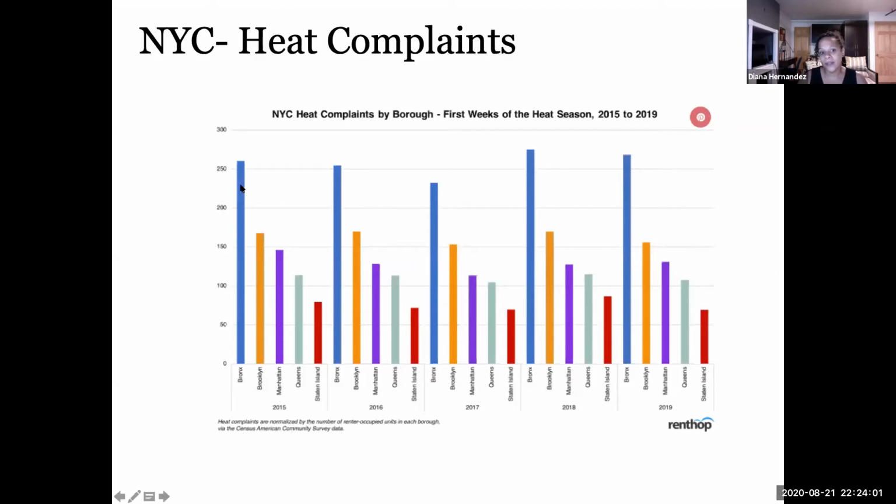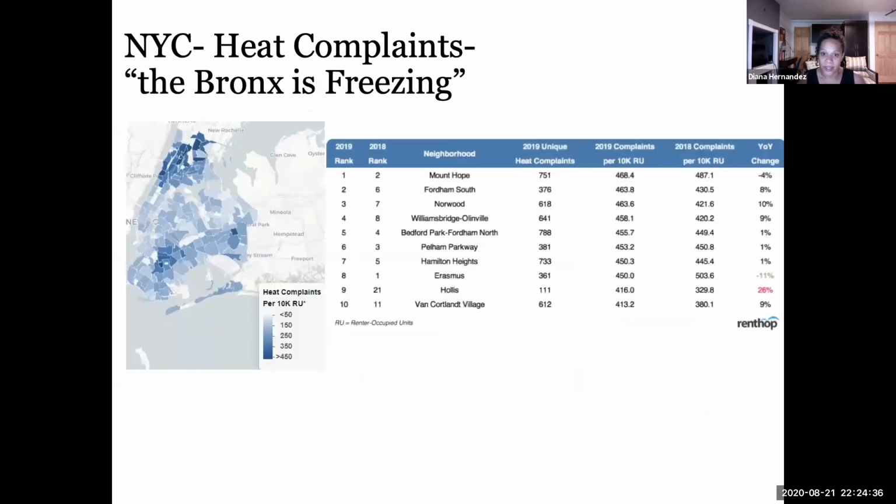And what's really obvious, and this is not mapped, but it's graphed, is the fact that the Bronx has the most no heat complaints season after season, meaning that not only are households in the Bronx unable to seek comfort in the summertime, but also in the wintertime, a lot of times when it has more to do with the landlord, for instance, that is supposed to provide heat in the context of the rent, they're also unable to access this comfort in the winter season.